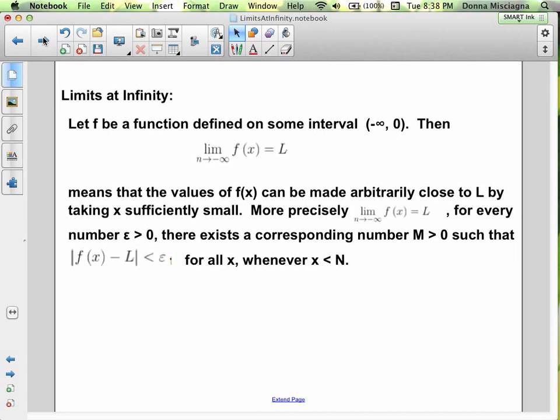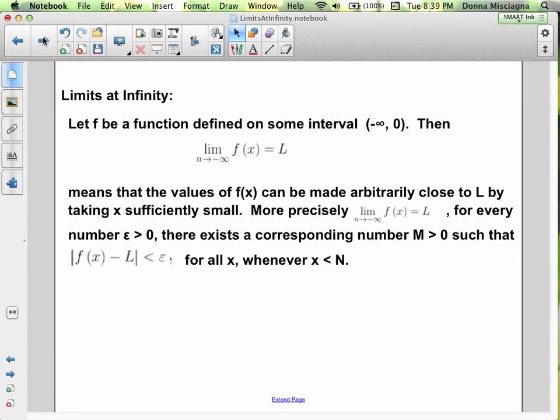More precisely, for every number epsilon greater than 0, there exists some corresponding number n such that the absolute value of the difference between the value of the function and the limit is less than epsilon for all x whenever x is smaller than n.